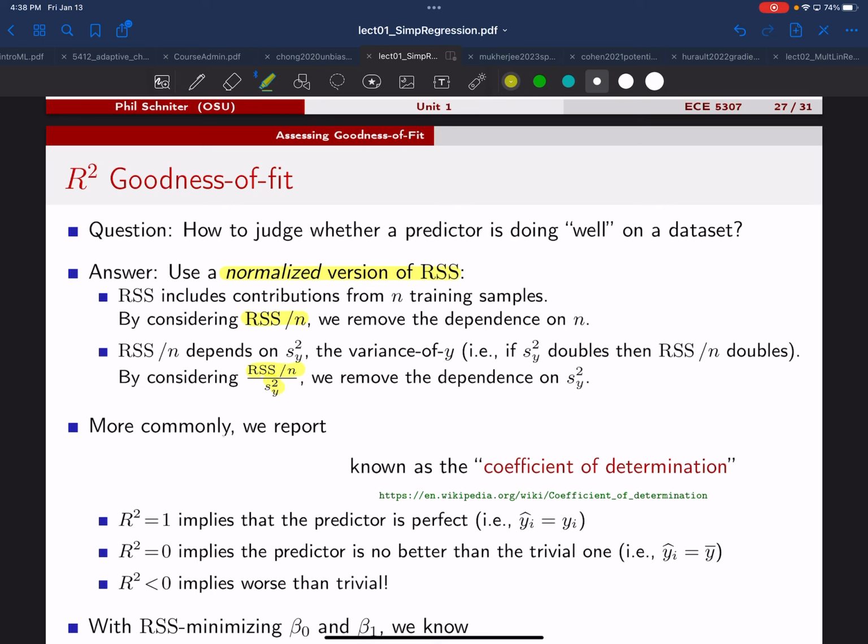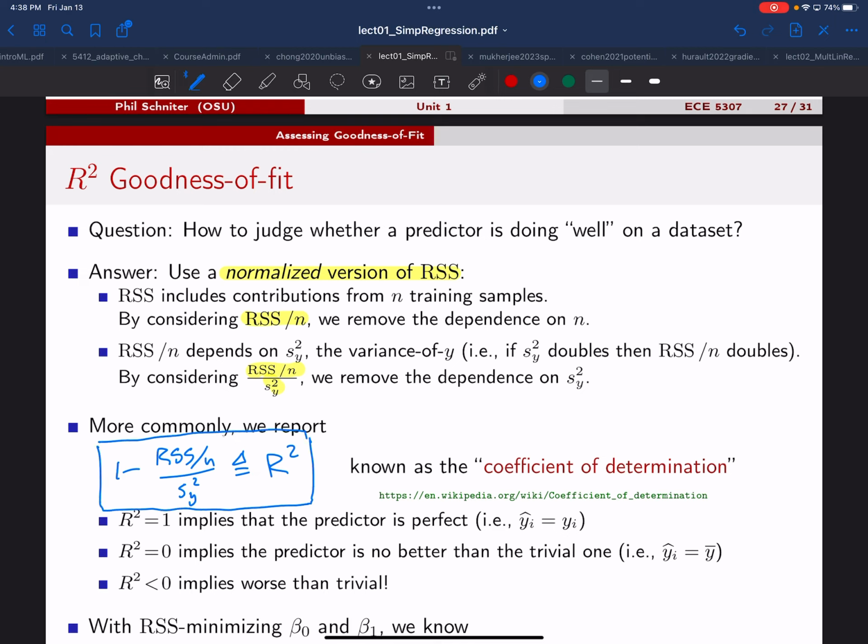And we could use this, but it turns out that most people use something that's just a little bit different than this, basically just 1 minus that quantity. 1 minus the RSS over n divided by sy squared. So this is called the R squared coefficient of determination.